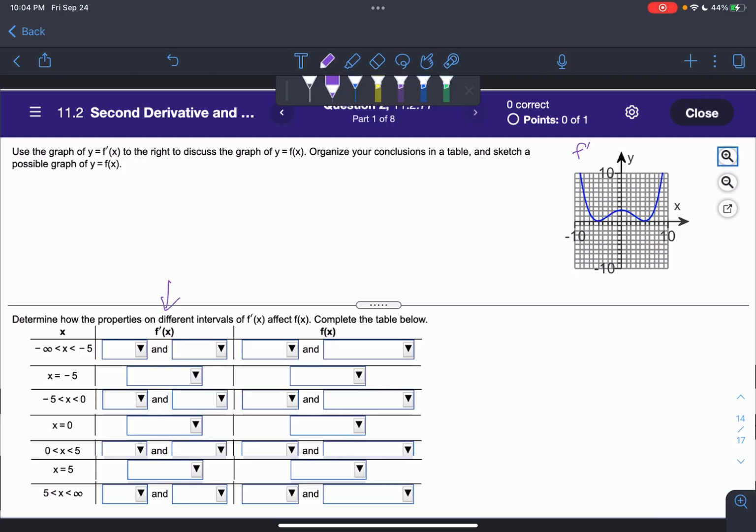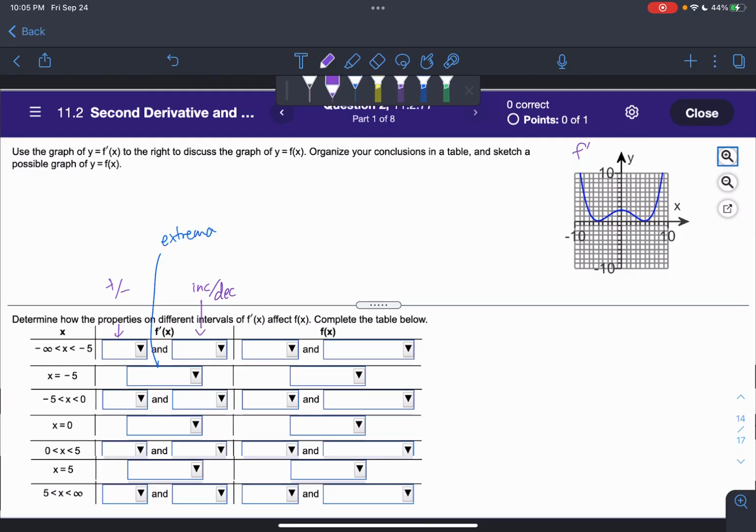I know it's not shown here, but these drop downs are either positive or negative for these, increasing, decreasing for these. And then these middle boxes right here are about extrema.